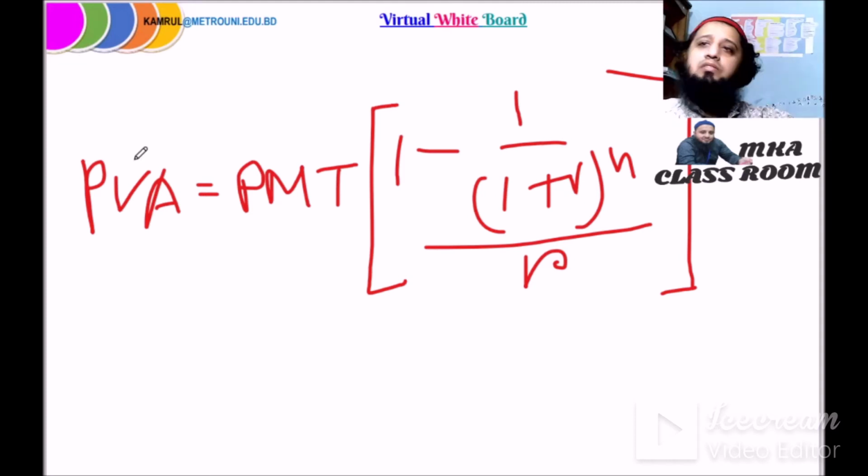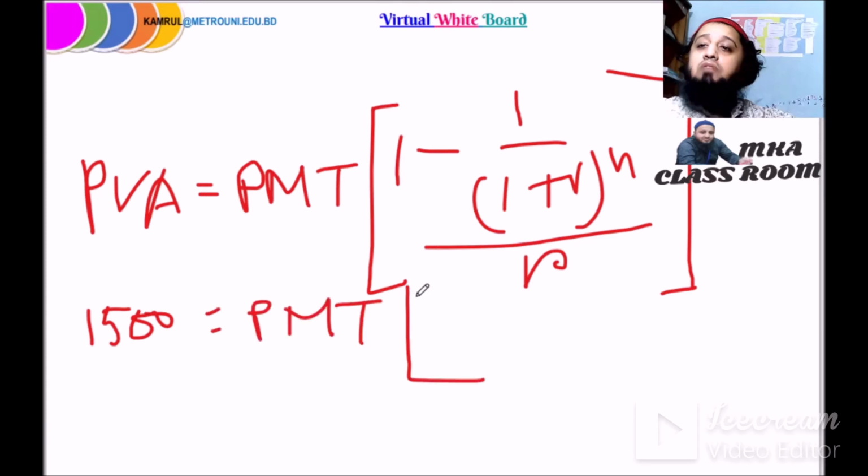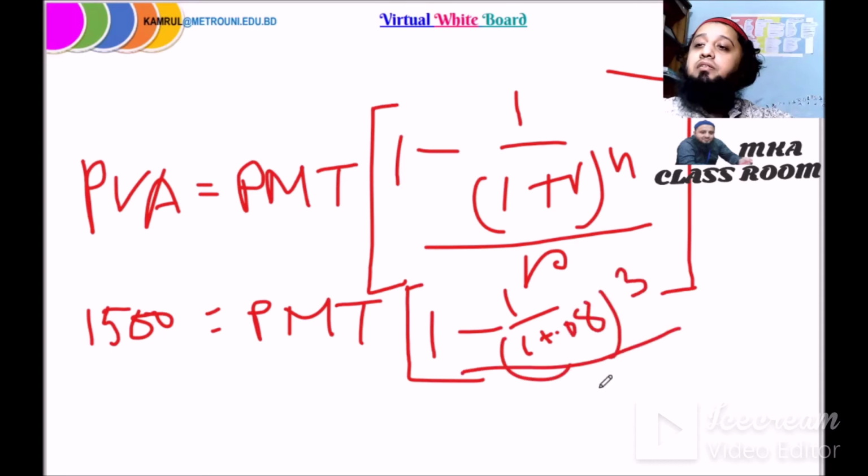So here our loan amount is 15,000 taka, we don't have payment, we have to solve for payment, and our interest is 1 plus 0.08, rate period is 3, divided by 0.08.